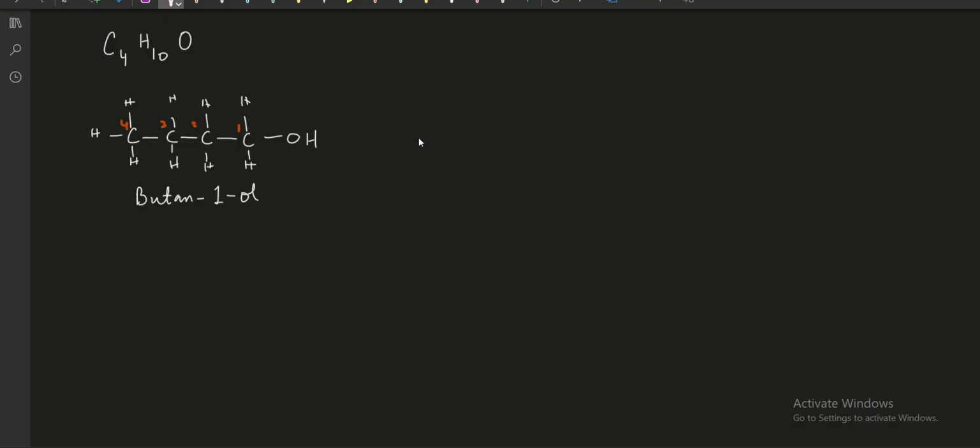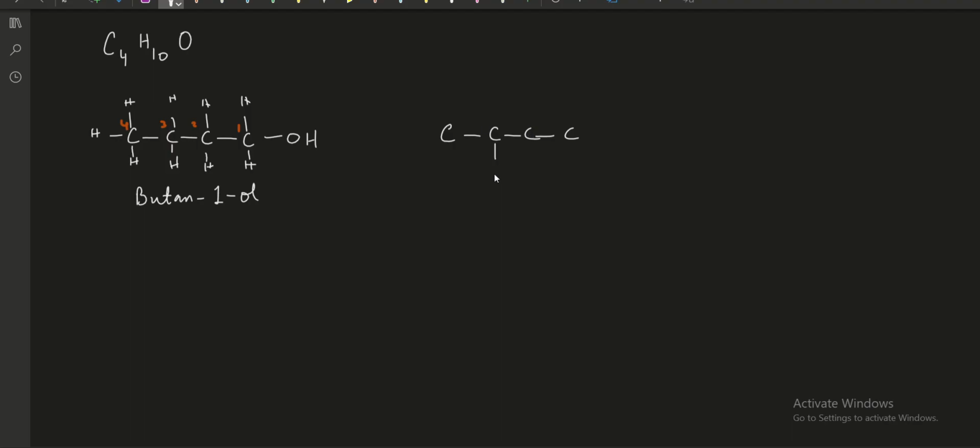Now we can make a second isomer, and over here we can attach the OH group to carbon number 2. So 1, 2, 3, 4. I can put the OH group with this carbon or with this one.